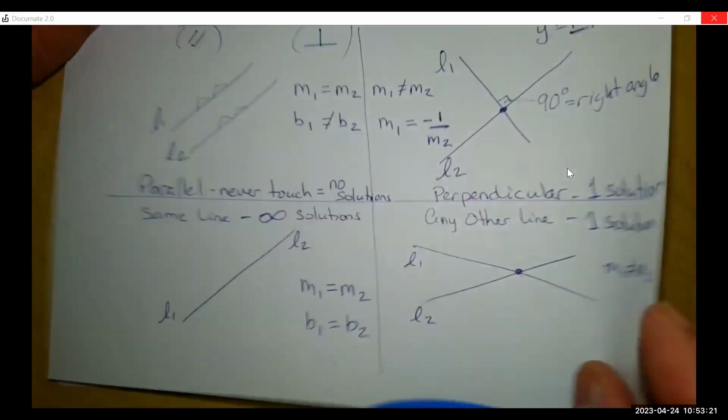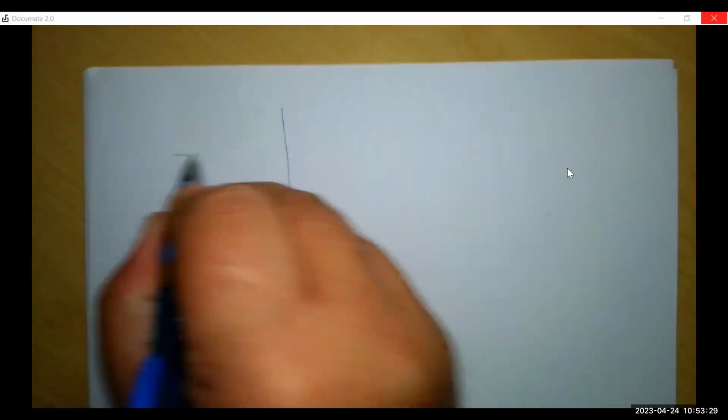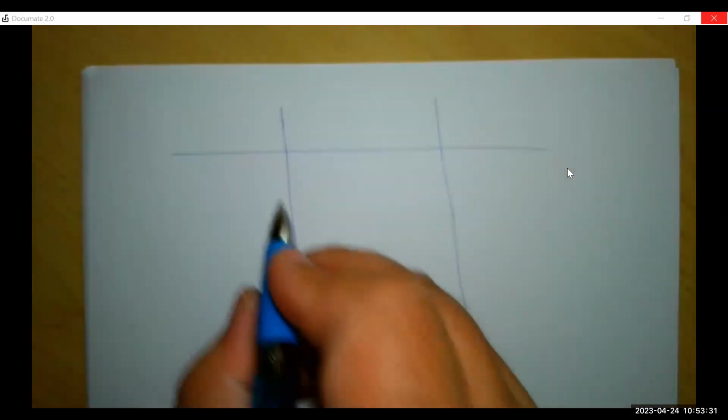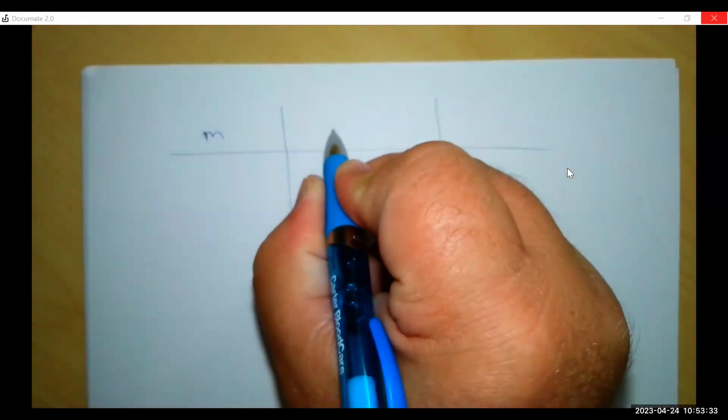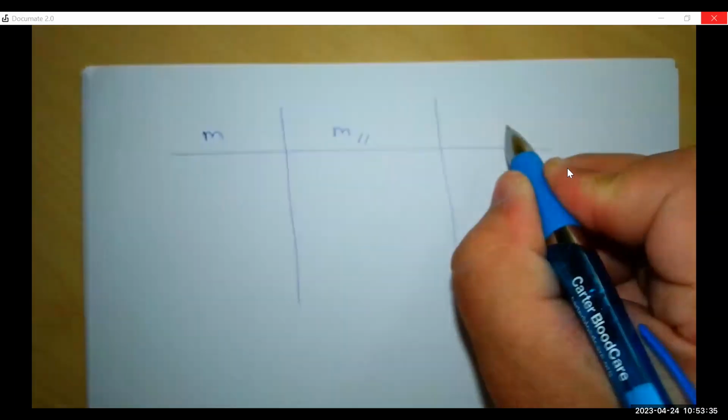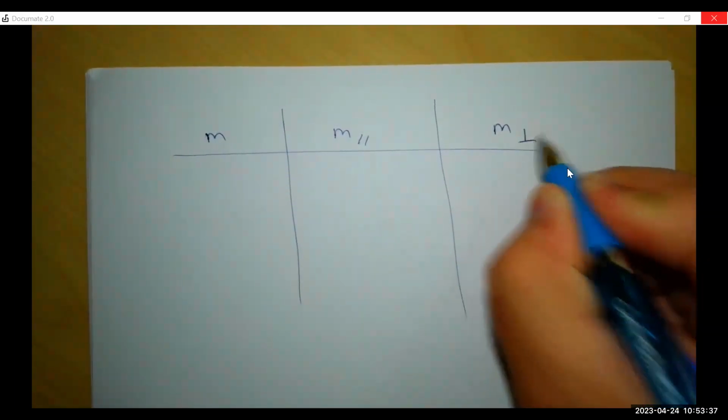So let's see what this stuff means. Here's the slope, here's the slope parallel and the slope perpendicular.